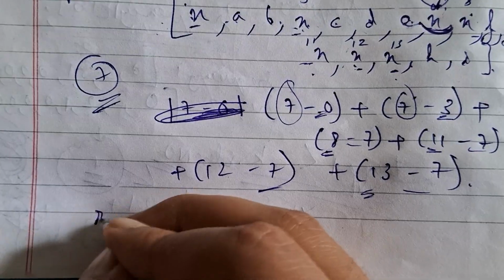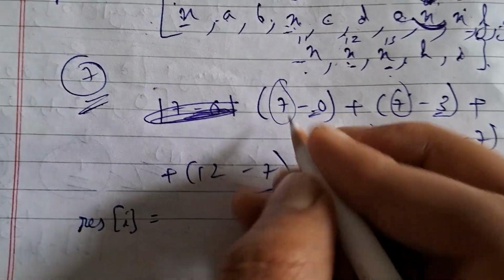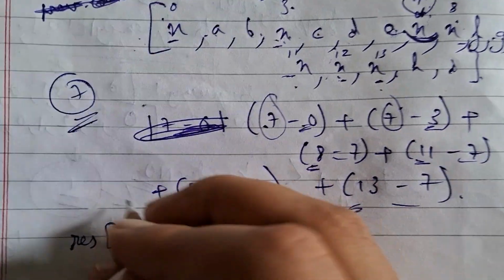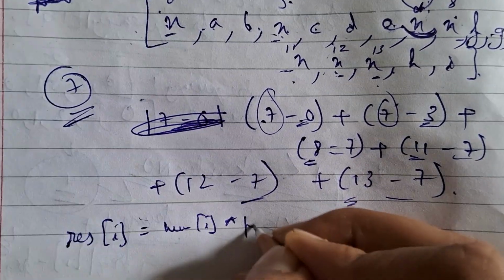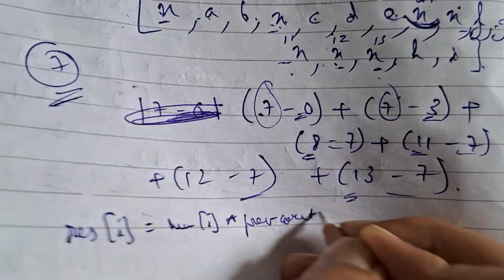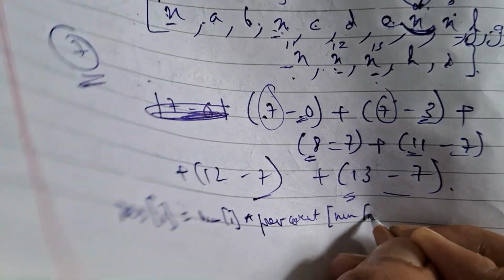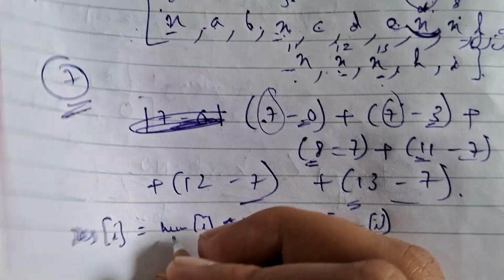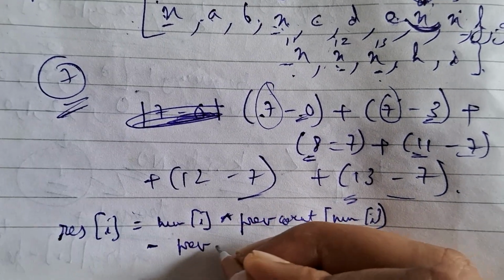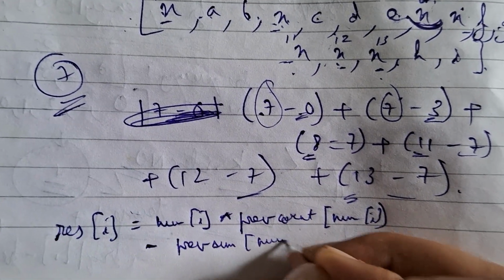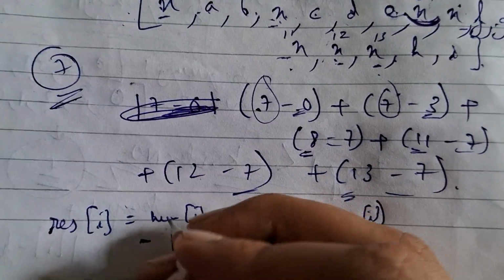Okay, so result[i] is equal to, first of all, we take 7 two times, that is nums[i] into previous count of nums[i], and then we subtract the previous sum of nums[i].